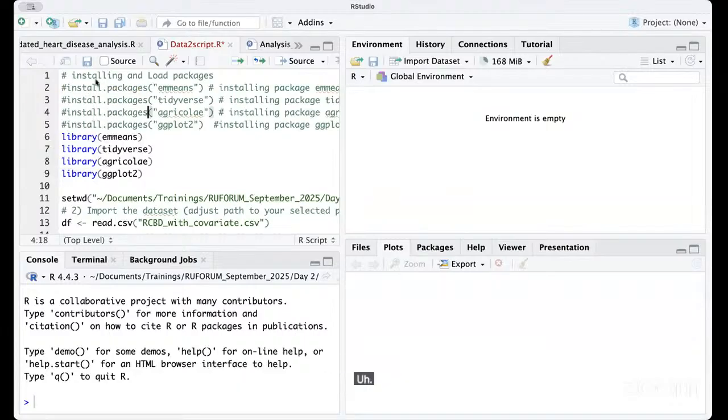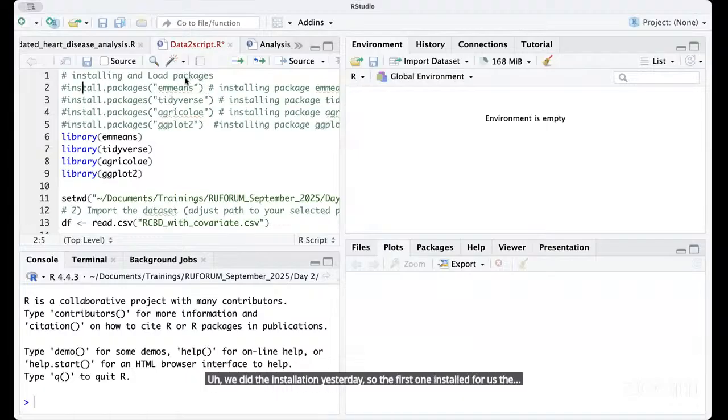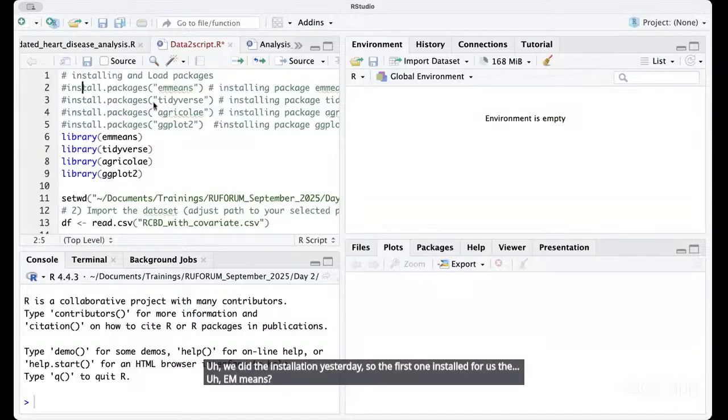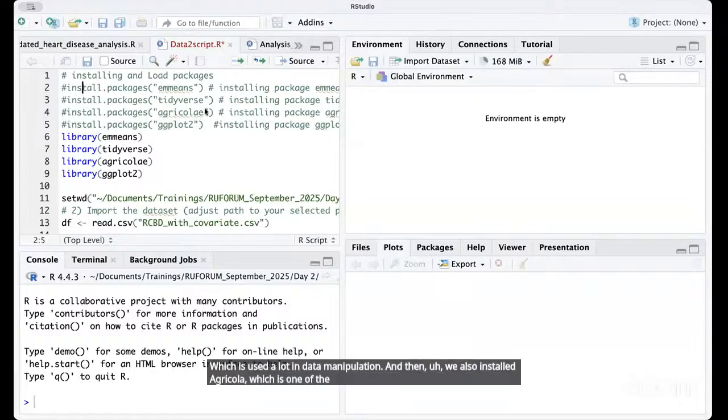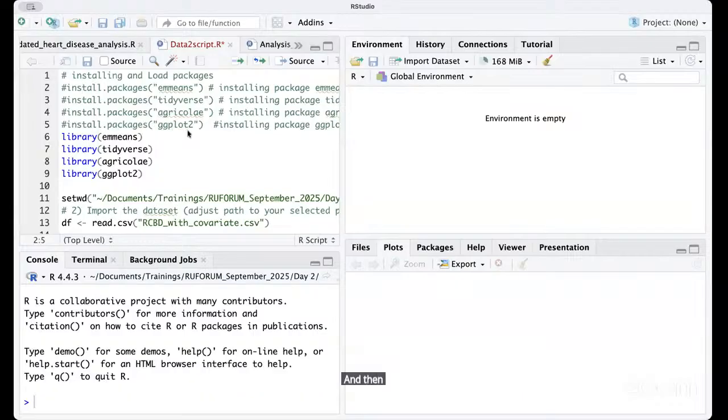We did the installation yesterday. The first one installed for us the EMINs. The second one installed for us tidyverse, which is used a lot in data manipulation. And then we also installed Agricolae, which is one of the main packages for doing data analysis. And then we also installed ggplot2.